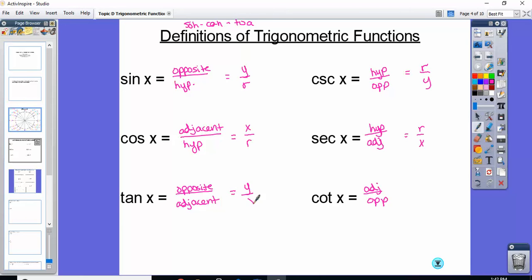Tangent, y over x, so cotangent is x over y. So the first definition is what we used if we were looking at triangles. Second definition was more useful if we were just looking at ordered pairs.